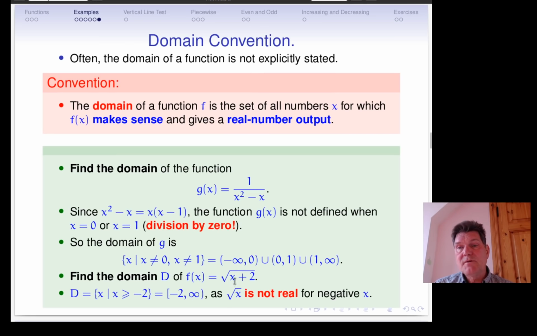So here we must take care that x plus 2 isn't negative, and we find that the domain of this function, the set of real numbers where this formula square root of x plus 2 gives a real number output, is the set of all real numbers x which are greater or equal minus 2, which in interval language is the interval from minus 2 to infinity, including the minus 2 on the left hand side.